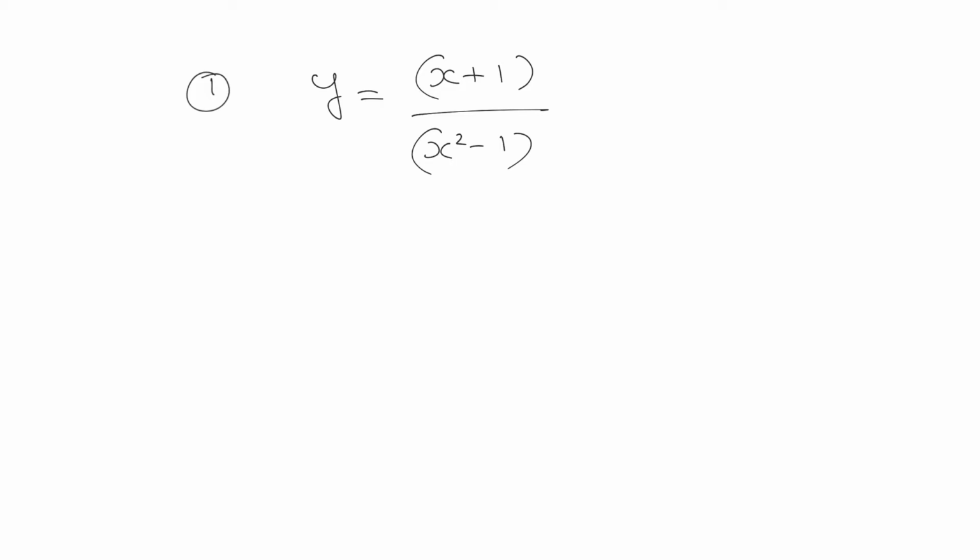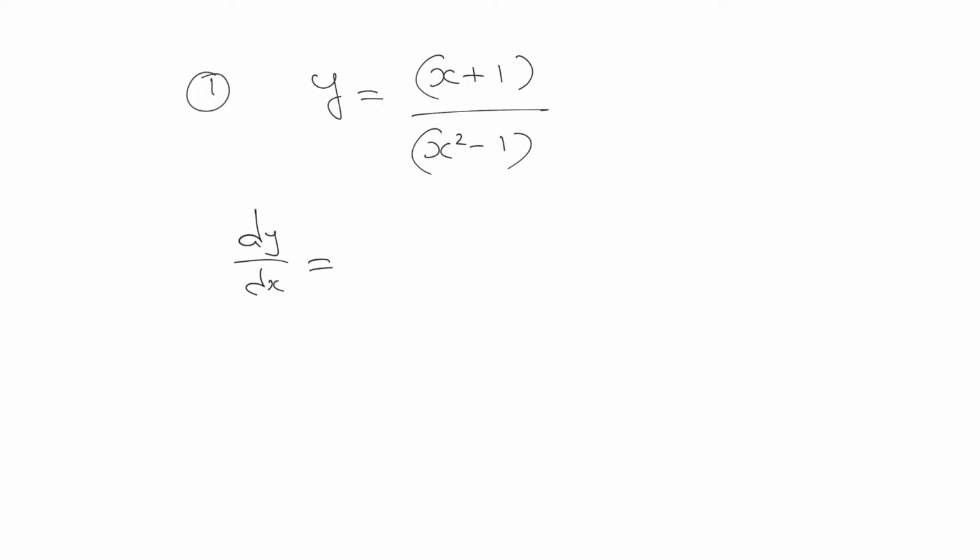Let's say y is equal to (x + 1) divided by (x² − 1), and our aim is to find the value of dy/dx. So x + 1 can be written as u, and x² − 1 can be written as v.